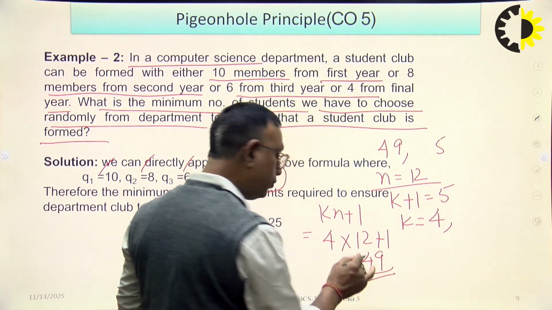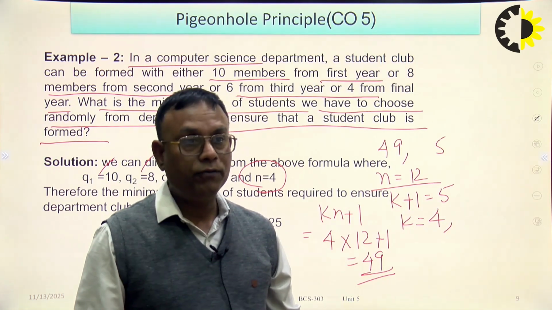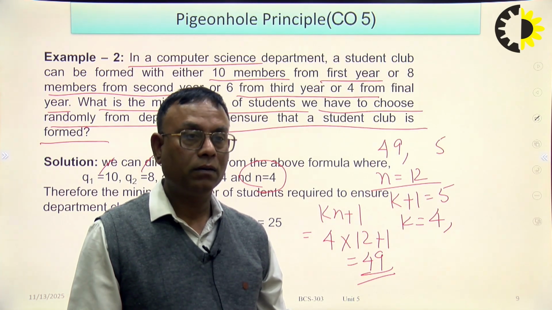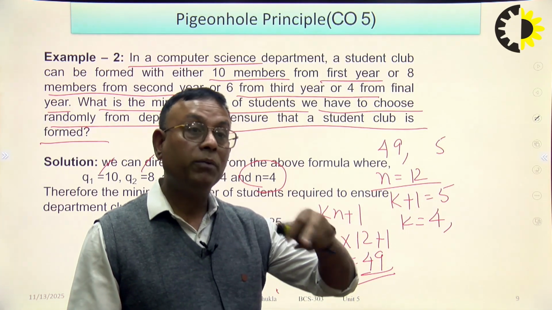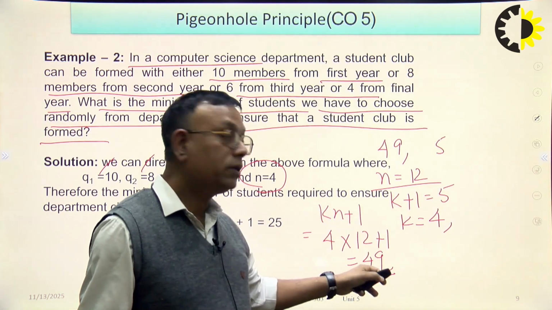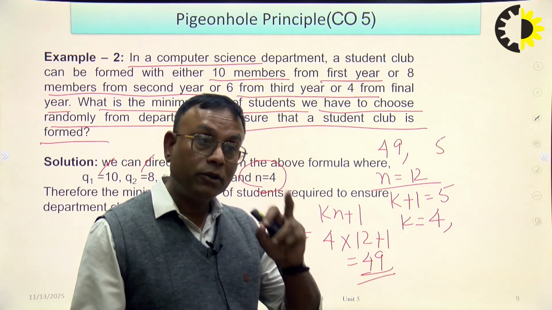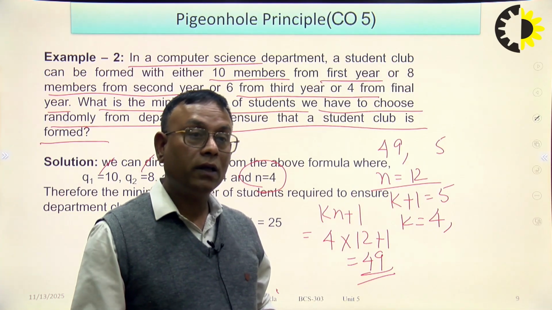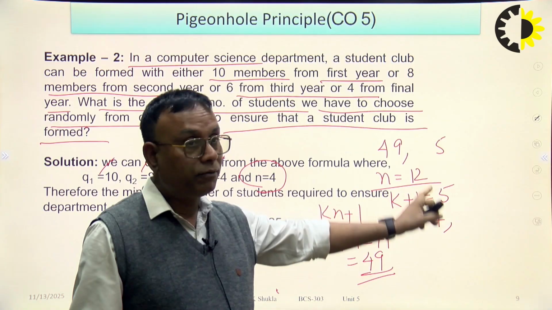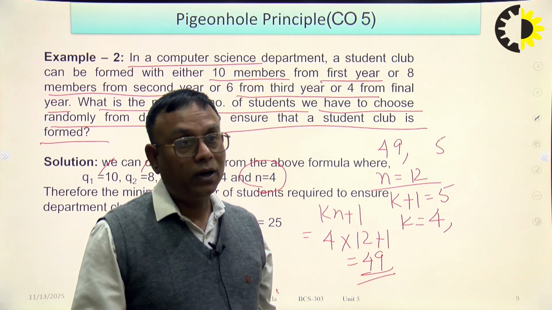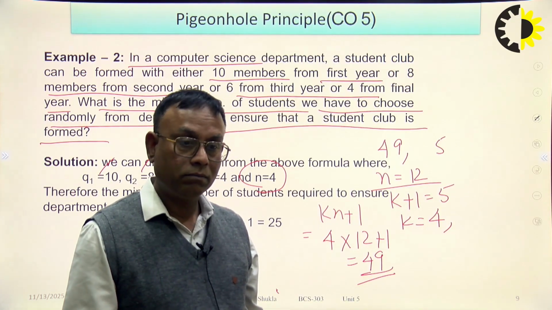It means if n pigeonholes are occupied by kn plus 1, that is 49, or more pigeons, then there must be at least one pigeonhole which has k plus 1 or more pigeons. So k plus 1 is 5: out of 49 students, 5 of them can be born in the same month. Thank you.